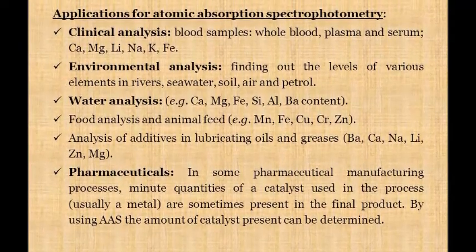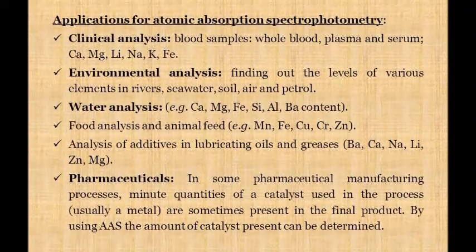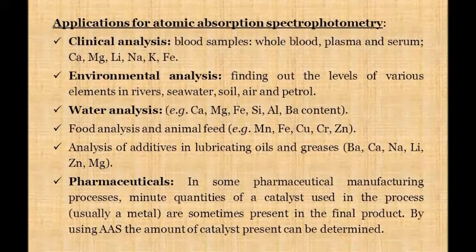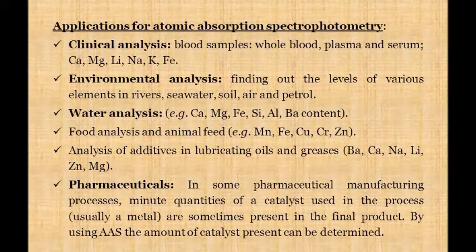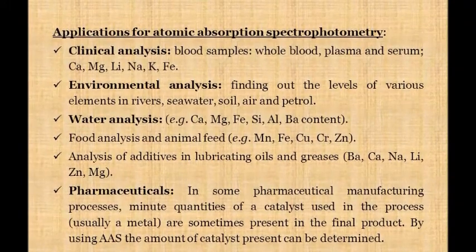In the same way, in the pharmaceutical field, you'd be able to find out the presence of various pharmaceutical compounds in a drug molecule. You can even find the presence of certain impurities in the pharmaceutical system. The same way in industry, there are major toxic elements or industrial products that can be studied using atomic absorption spectroscopy.